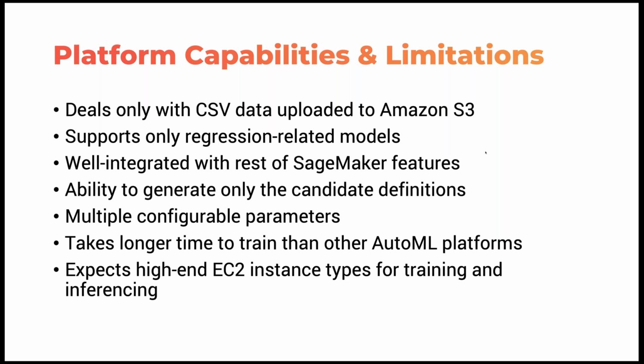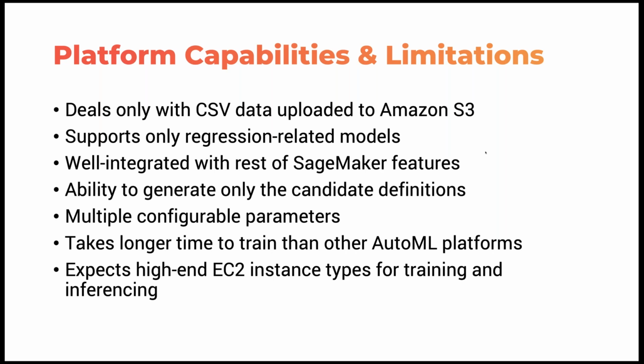One of the things that I have noticed is, even if you come with a very small data set, it takes pretty long. And there are some high-end expectations of EC2 instances for training and inferencing. You cannot do it on the T2 or T3 family. You need to have an ML M4 or M5 xlarge, which could be pretty expensive.